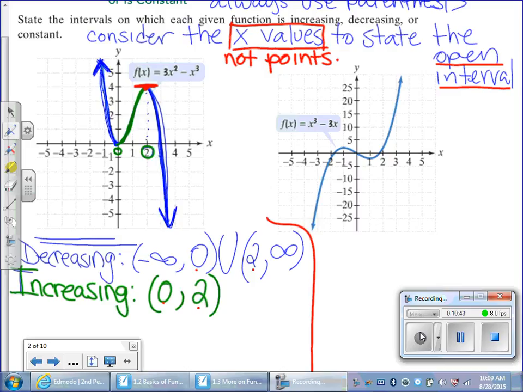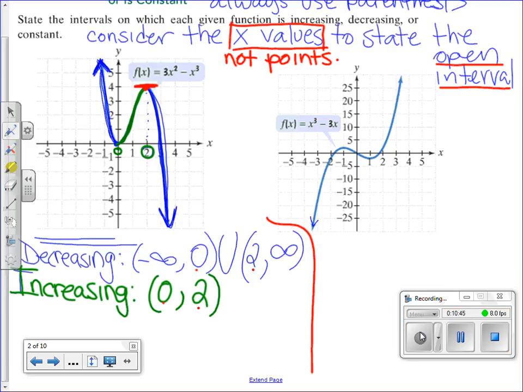All right, so we're going to go over our answers, and let's get started with increasing. And here, you guys see there's a little turn, so I'm going to stop there at -1, and then you can see that it is increasing again here. And again, we have arrows.